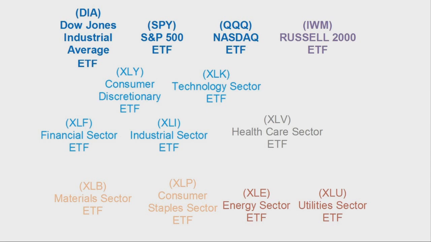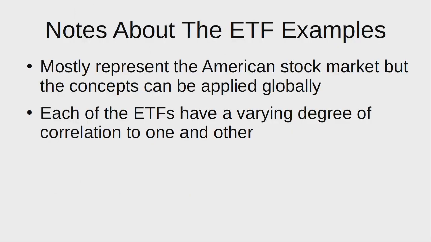Below that, there is XLB and XLP, followed by the pair of XLE and XLU. You will see shortly why those ETFs are grouped the way they are, because ETFs have a varying degree of correlation to one another, especially in terms of these broad stock market sectors.